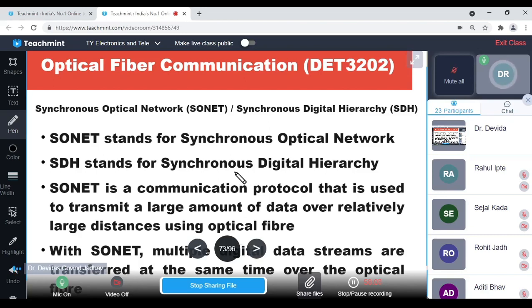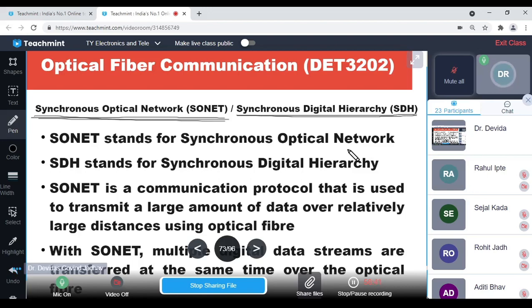Then, as we have discussed previously, in the syllabus we have the details of SONET. So synchronous optical network, SONET, or in the American style, synchronous digital hierarchy.